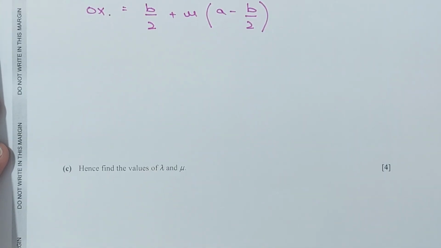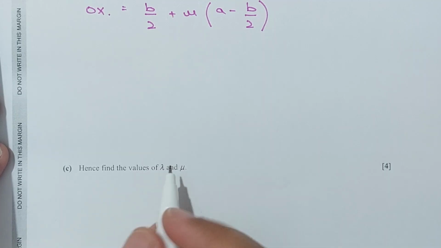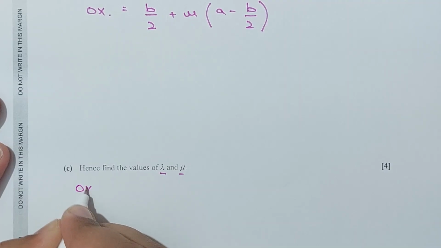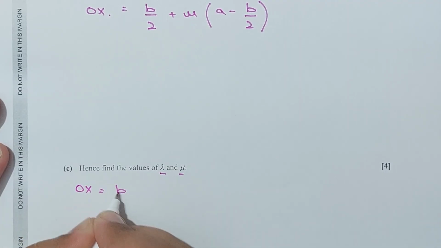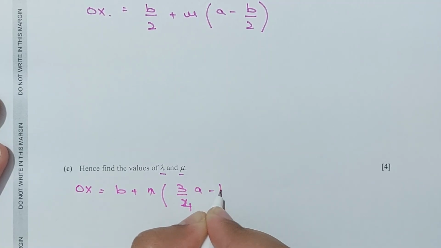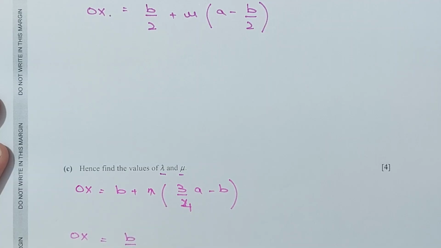Right. Now for part C, hence find the value of lambda and mu. Let me rewrite both values. We have OX that is B plus lambda times 3 by 4 A minus B, and we have OX that is B by 2 plus mu times A minus B by 2.